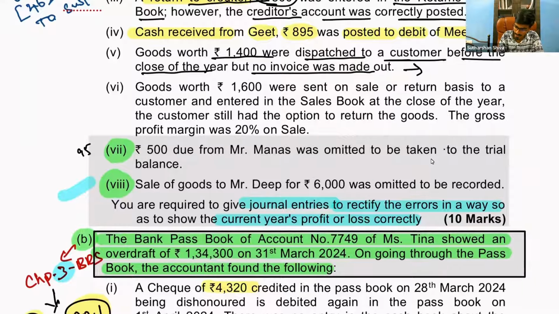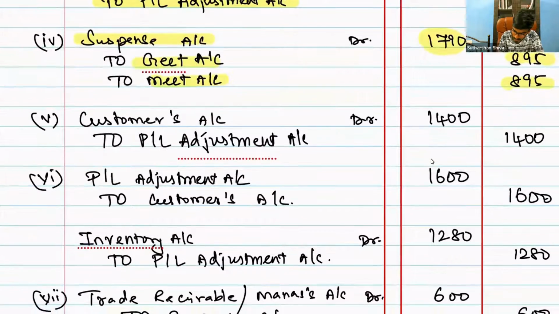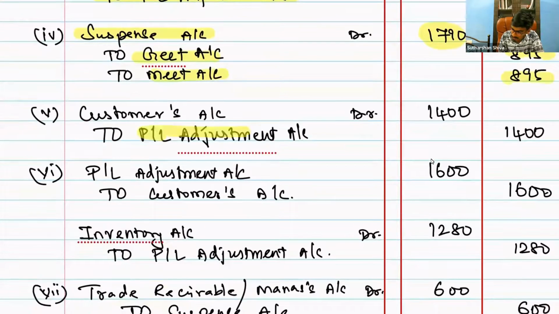Customer to sales. Sales is a suspense, so sales is a P&L adjustment. Entry will be customer to P&L adjustment 1400, 1400. That's what I have written.